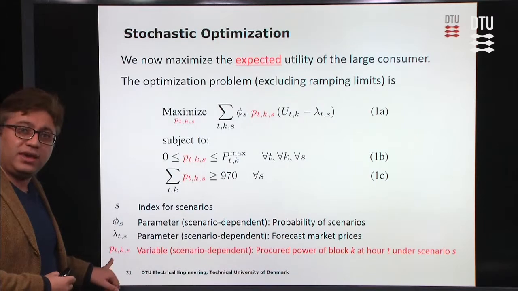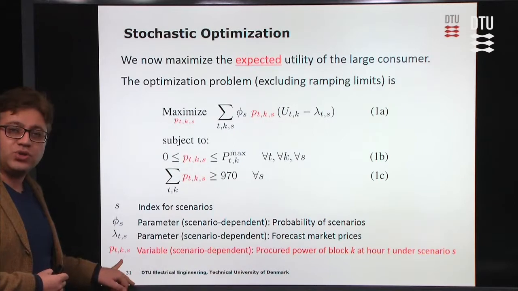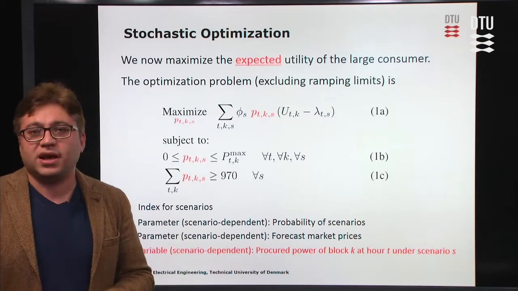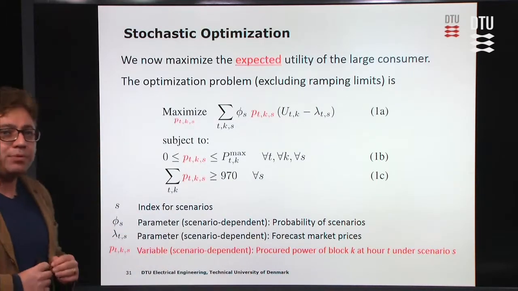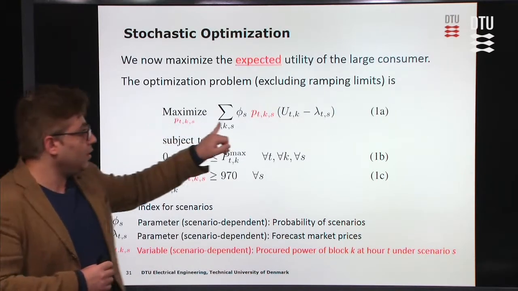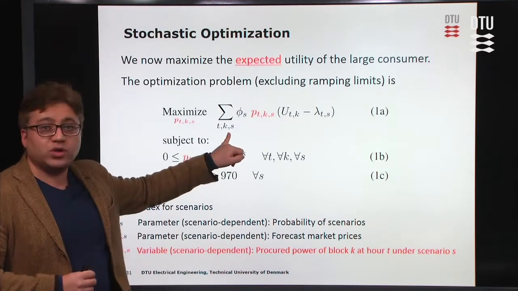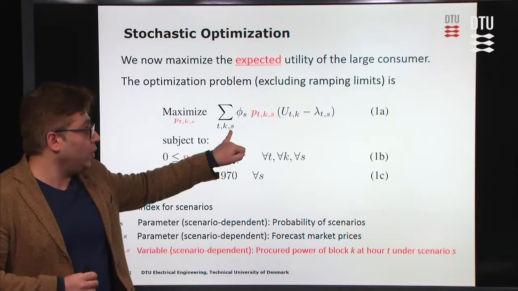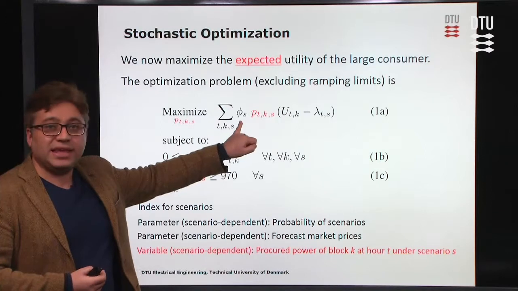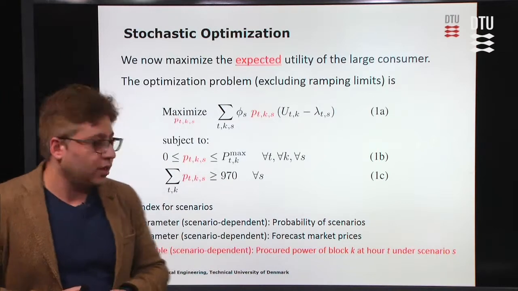So we have lowercase p with the indexes T, K, and S, showing the procured energy at time T for block K under scenario S. Back to the optimization problem, we are maximizing the expected profit, which has a similar structure as before, but we also need a summation over scenarios, and the utility term also includes the probability parameter.